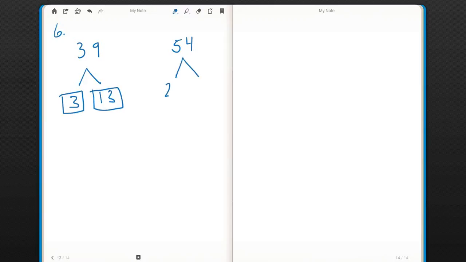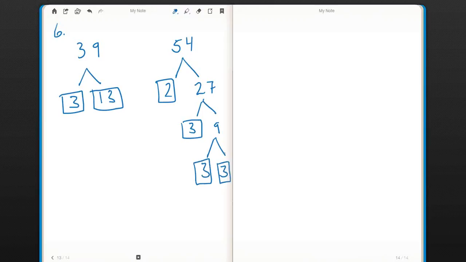54 I can factor. If it's an even number, I always start with 2, and 2 is a prime number, so that part is finished. 27 is 3 times 9. Again, I have a prime number on one part of it, and the 9 factors down to 3 times 3. This is an easy way to find prime factors of any numbers.